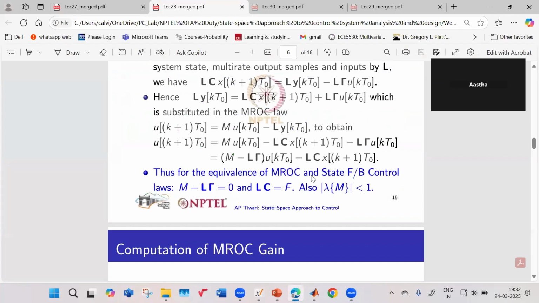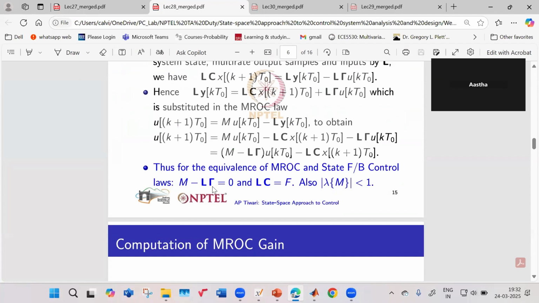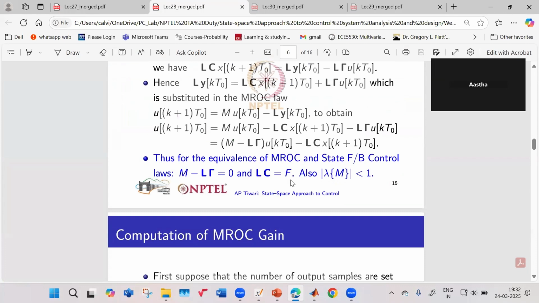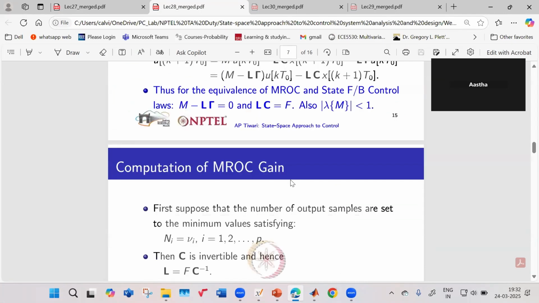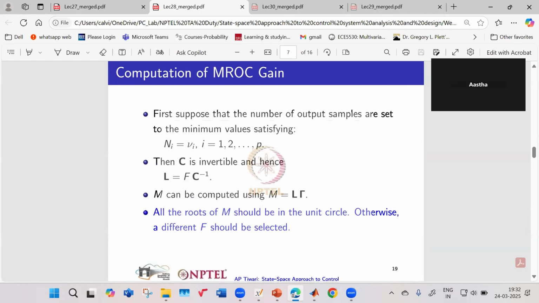So it is kind of like state feedback. What we get is that if we can prove M minus L gamma is equal to 0, and this LC is equal to F, then we are getting the kind of state feedback control law.